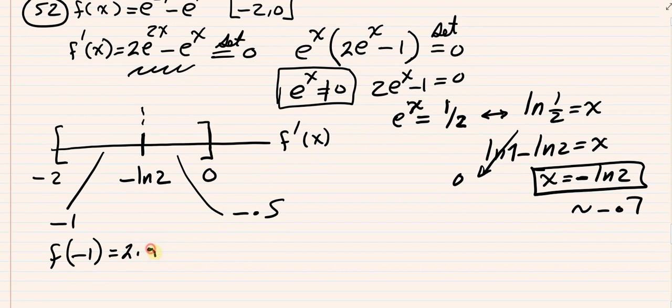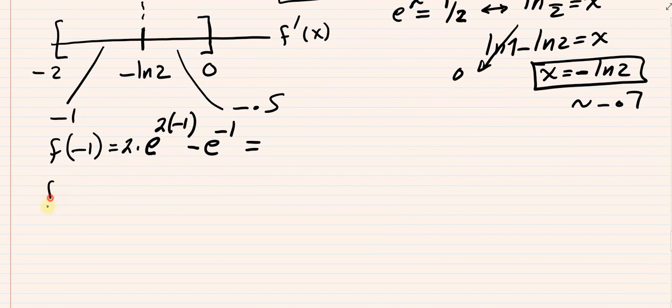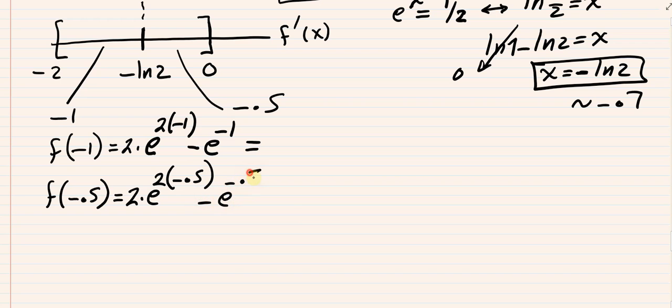That's going to be 2e to the power of 2 times -1 minus e to -1. Now that's better. And I'll evaluate that on my calculator in a moment. And let me also do, before I go to calculator mode, -0.5. That's 2e to 2 times -0.5 minus e to -0.5.